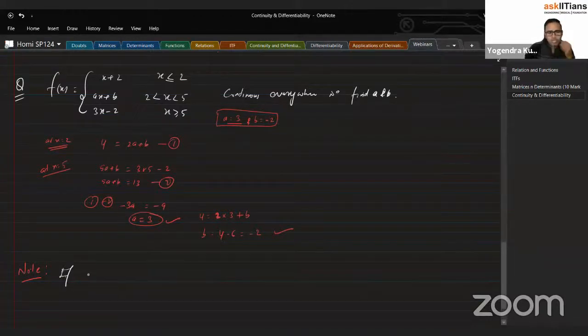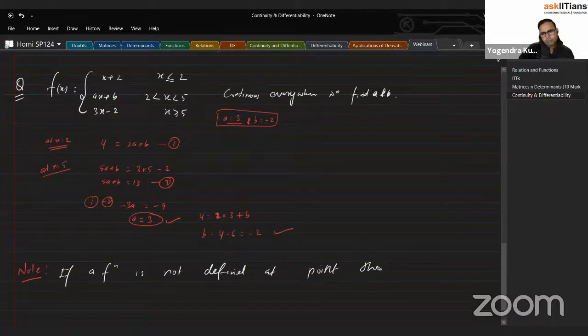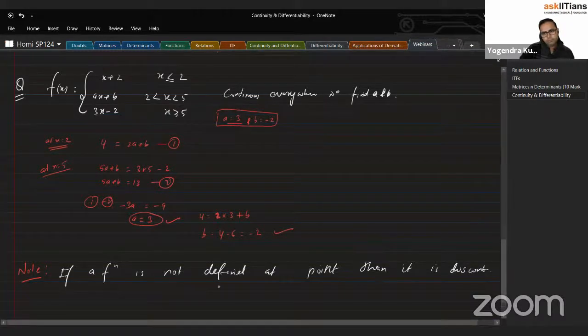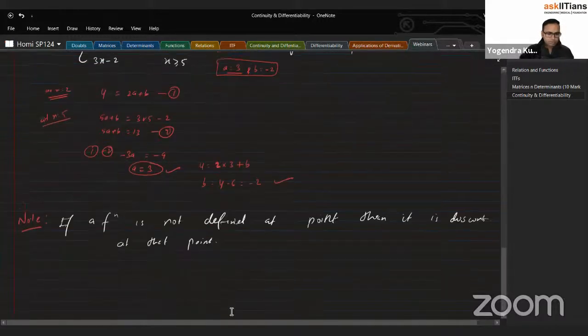So you can write down: if a function is not defined at a point, then it is discontinuous at that point. You should remember this point.